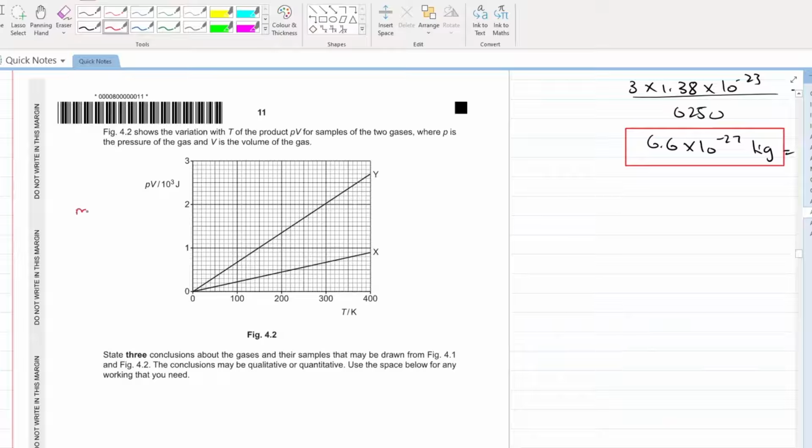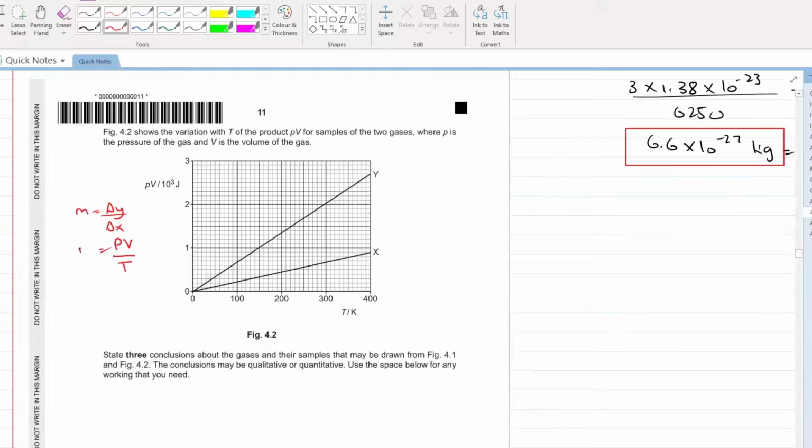The gradient of this graph is equal to what? Change in Y over change in X. What is on the Y axis? PV. What is on the X axis? Temperature. Can you see for both line X and line Y, your PV over T has a constant gradient?